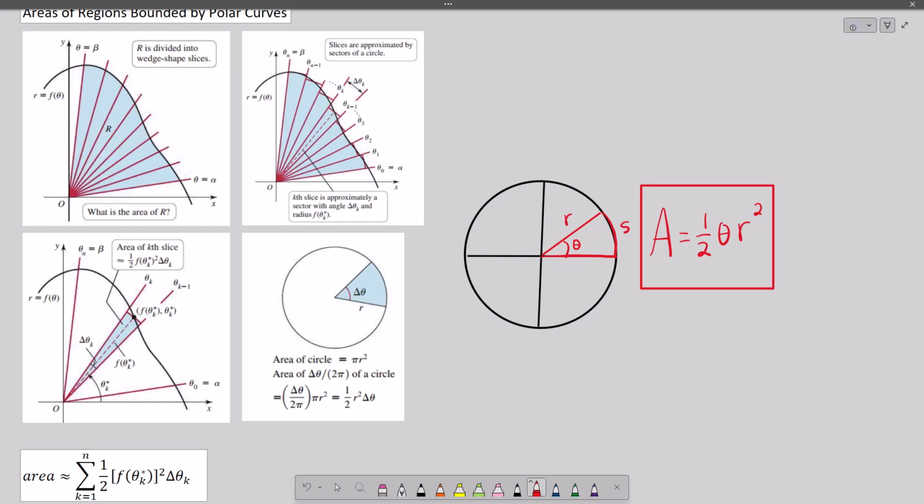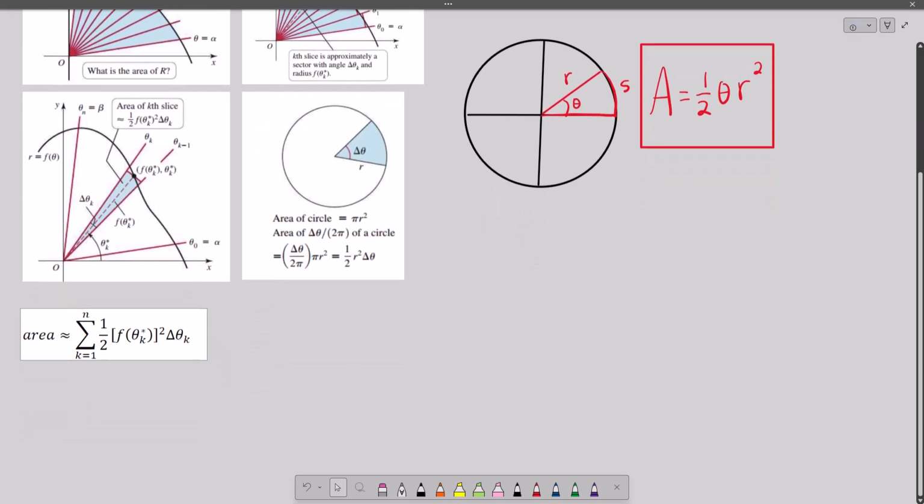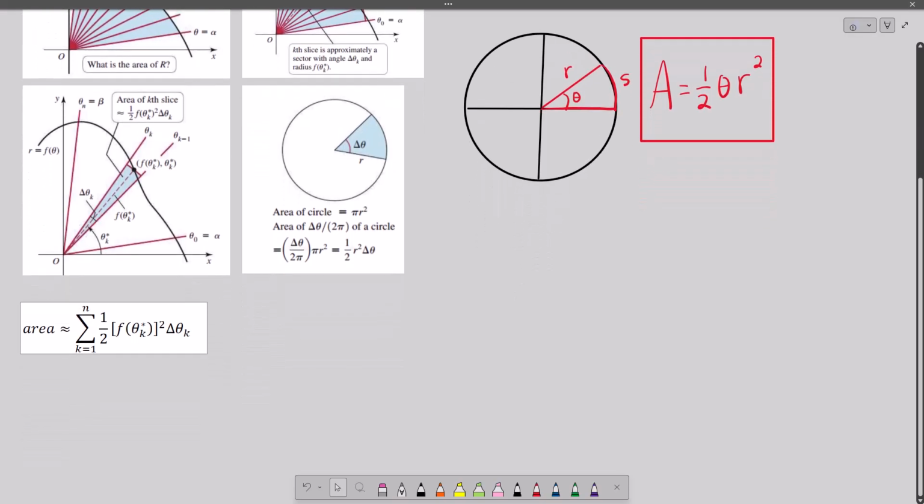And so the idea is the Riemann sum idea. You partition it, and then you have more and more sectors, and the more sectors you have, the closer your approximation is. You take the limit, and when you take the limit, you get exactly the area. So the area, 1/2 theta r squared: the incremental variable in Cartesian is normally x. Right?